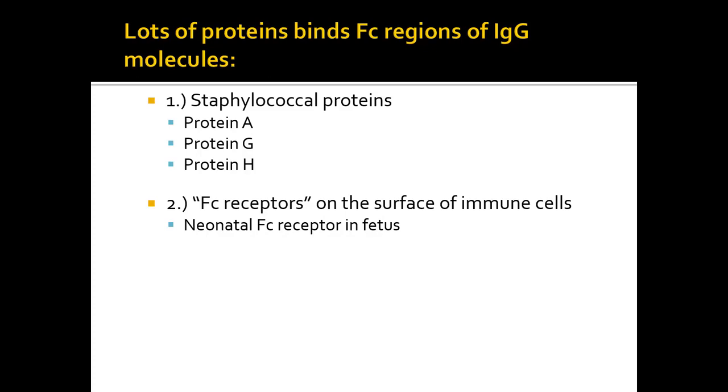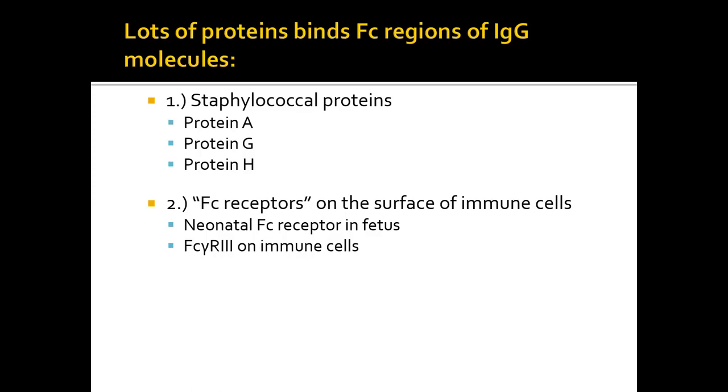There's actually a receptor for this in the gut that will do it. It's one of the reasons why infant stomachs are not acidic, because they don't want to blow up the antibodies. So there's a receptor that grabs onto antibodies, and of course it grabs onto the constant region, because that's where you want to grab it.